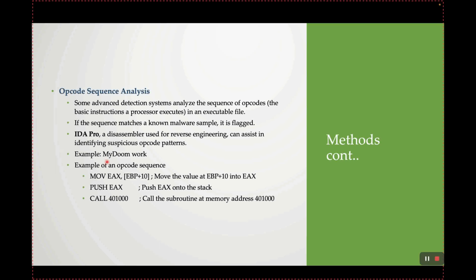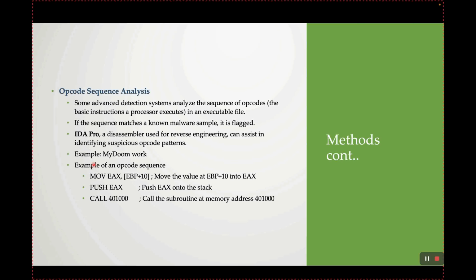A real example like the MyDoom worm is a good example of opcode sequence analysis. It was used to detect the MyDoom worm, which was identified back in 2004. MyDoom is known for its rapid propagation via email and for launching distributed denial of service attacks. During the analysis of this worm, researchers would disassemble the worm's executable code to study its opcode sequences.